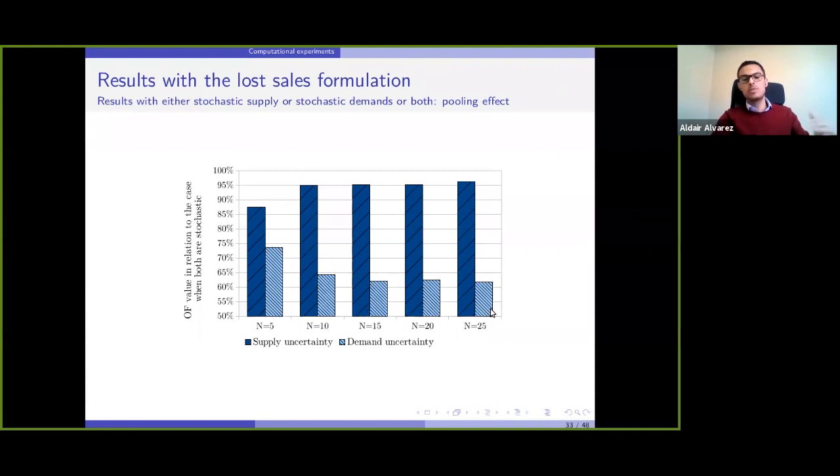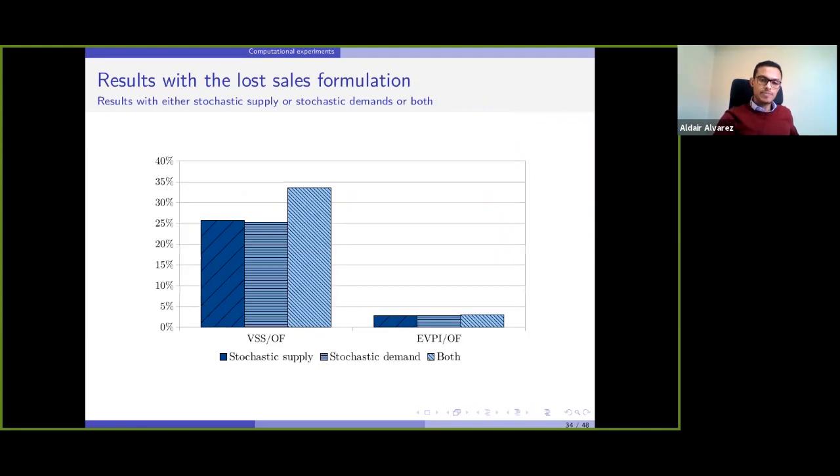So we have more customers, their demands tend to compensate more each other, so the solutions get cheaper. On the other hand, for supply uncertainty, the dark bar, we see that as we increase the number of customers, these costs tend to grow, getting closer to the case in which both supply and demand are uncertain. So this, again, verifies the pooling effect.